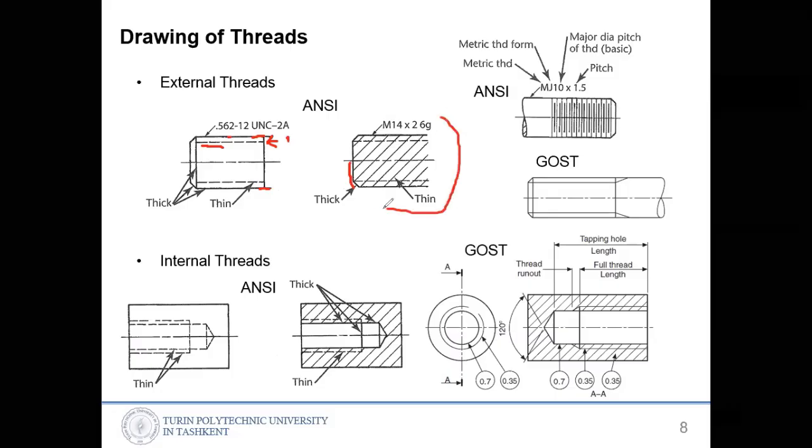This one is the sectioned view, so the threading comes until the contour. In the view that is not sectioned, like the outside view, the thread stops here. Everything showing the threads is in thin line, so the depth is shown in thin line.